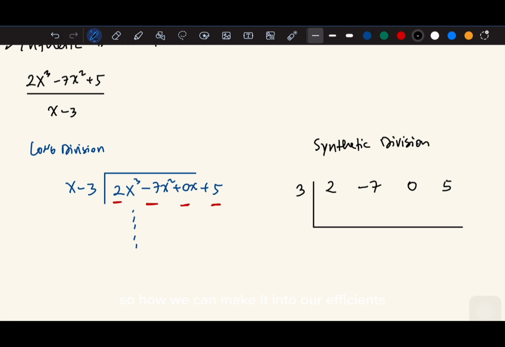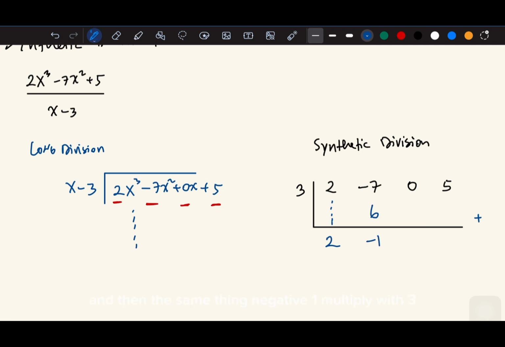So how can we make it into our division? The first term, we just let it down. So let it down, 2. Next thing, 2, we multiply with the 3. We have 6, we put it here. Now we add them, so this will be -1.